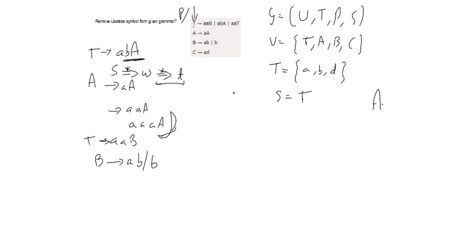Again C is also a useless symbol. I hope all of you are clear with the idea. So I'll repeat one more time. We have the grammar, assuming T is the starting symbol. So we'll take the non-terminals A, B, C and we'll check whether each is useful or not.